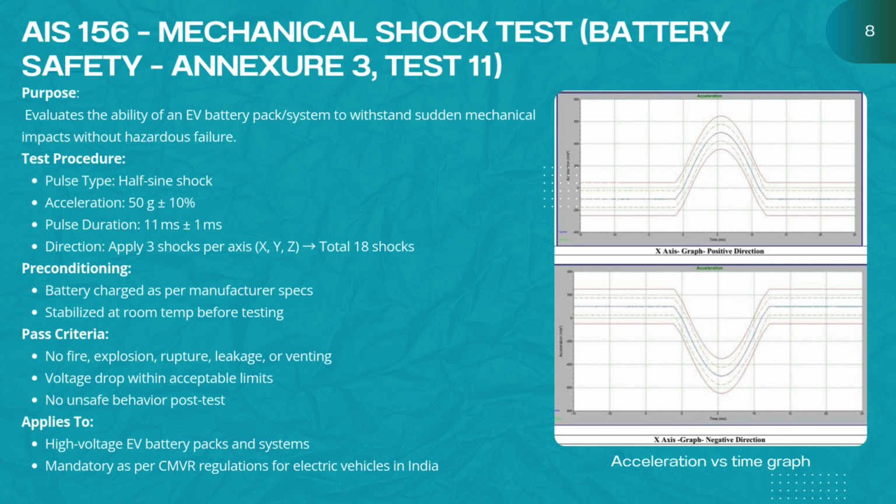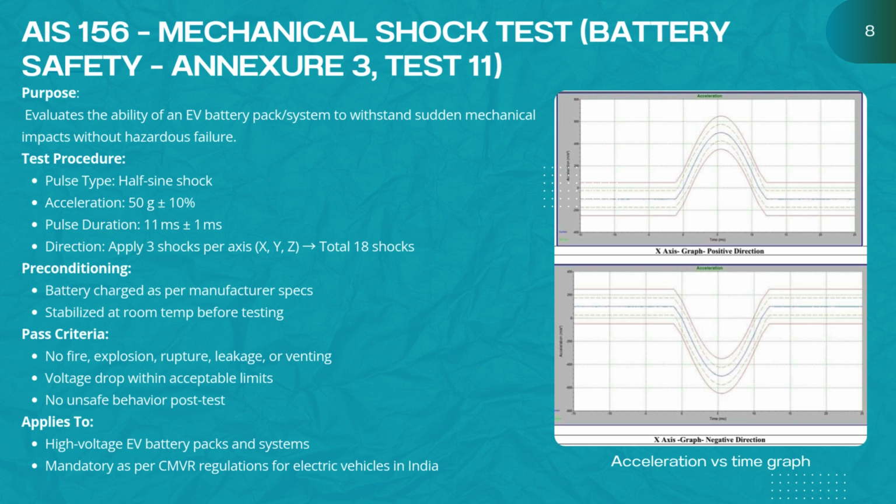As shown in the acceleration versus time graphs on the right, the test uses a half-sine pulse with 50 grams acceleration, plus or minus 10%, lasting 11 milliseconds, plus or minus 1 millisecond. Each battery undergoes 3 shocks per axis, X, Y, and Z, totaling 18 shocks in all directions.